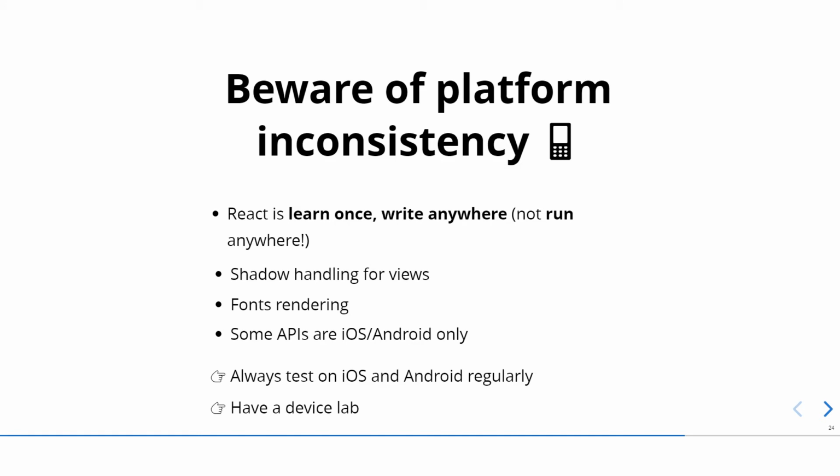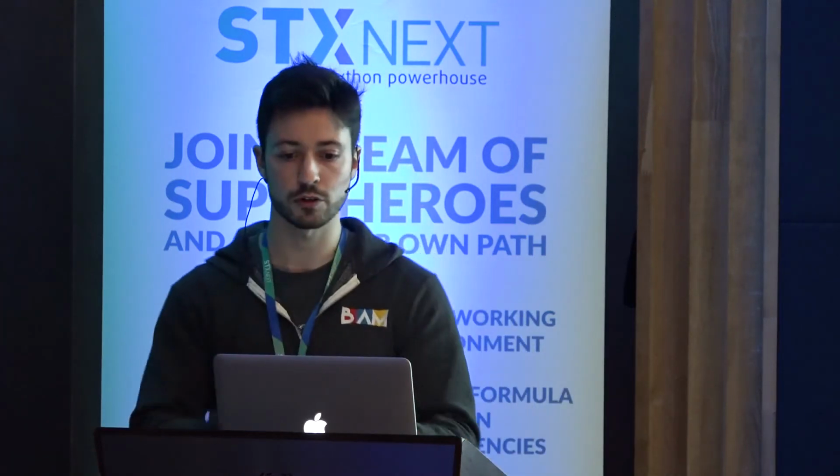Beware of platform inconsistency. I mean, React is learn once, write anywhere, but not run anywhere. You still have to test your application on both platforms. You still have to make sure that it's rendering the way you want, because some components are only for iOS, some others only for Android.